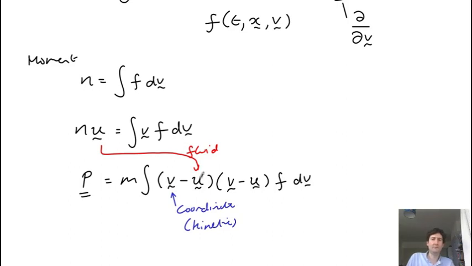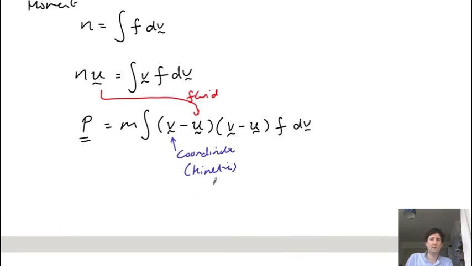Now here we have two vectors next to each other. In this case they're the same, but in general we have two vectors next to each other, and we read this as a tensor.